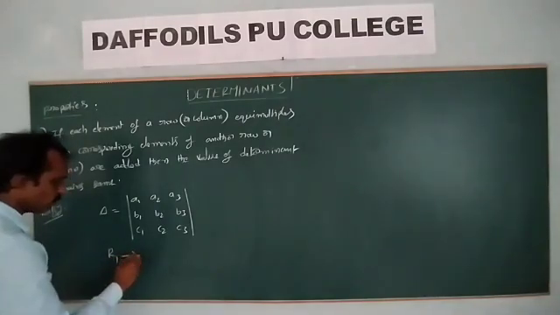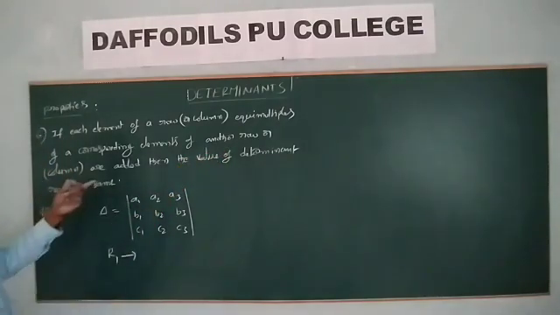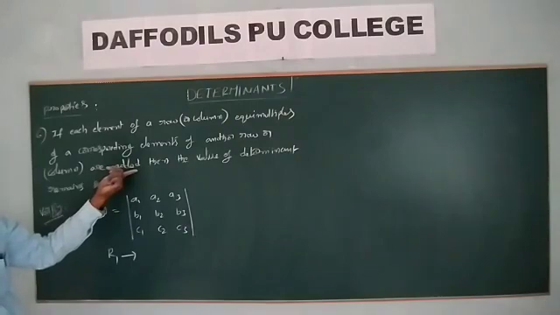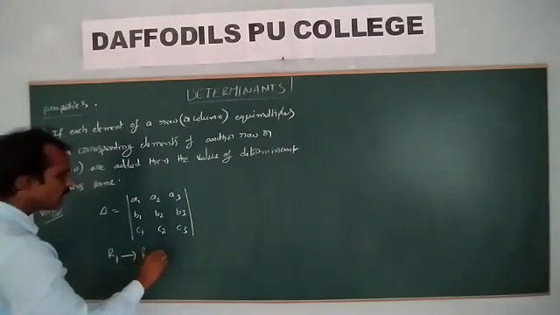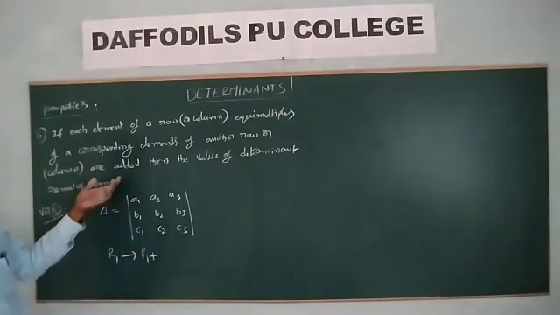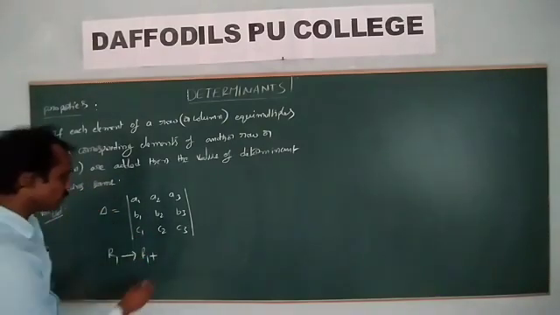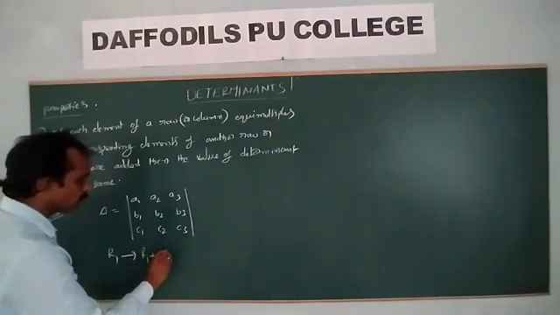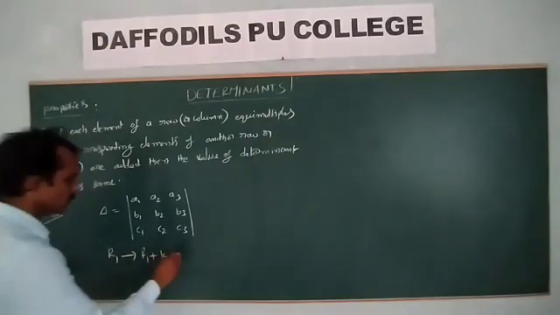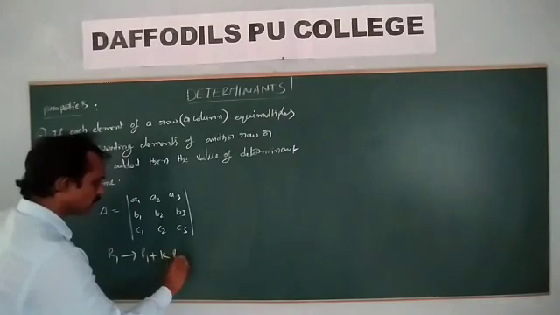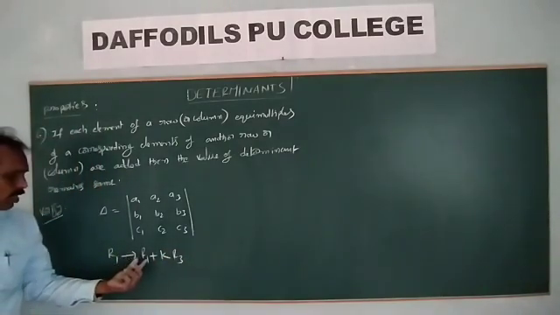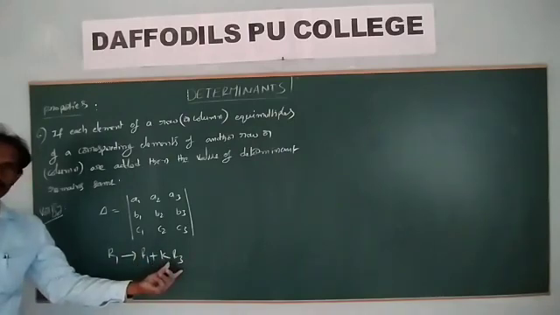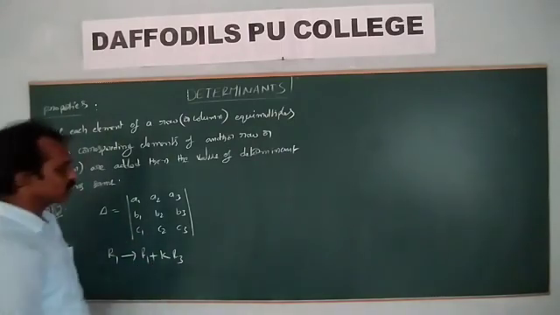So R1 gives, R1 is added with equal multiples of another row. Another row, I will take this one, equal multiple value, let it be K of R3. This operation we will apply. R1 gives R1 plus K into R3.